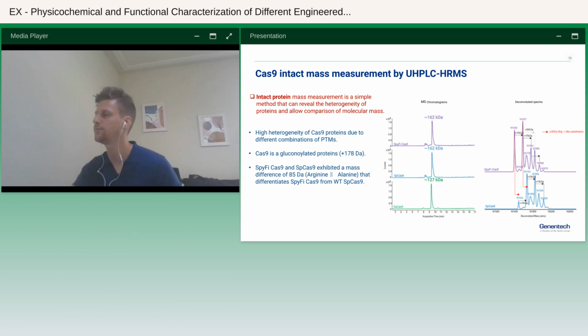So this is some impurities of the Cas9 proteins. You can see also that for Spike-Cas9 and SP-Cas9, we have the same molecular weight, around 162 kilodalton, and for AC-Cas9, it's a little bit smaller, around 127 kilodalton.